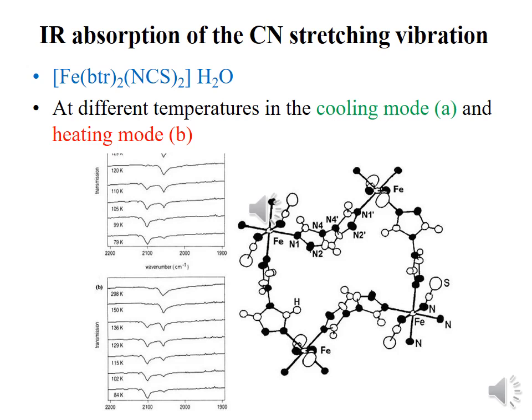It is a complex of iron with cyanide at different temperatures in cooling mode A and heating mode B. That is, in figure A there is a cooling mode, and in figure B there is a heating mode of this phenomenon, and we see the graph on this slide for heating mode and cooling mode of the IR spectrum.